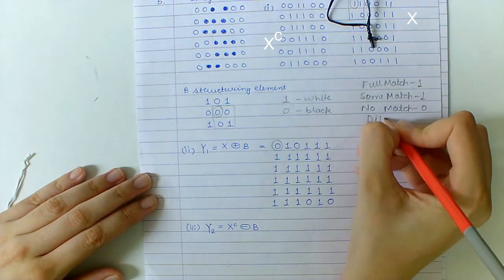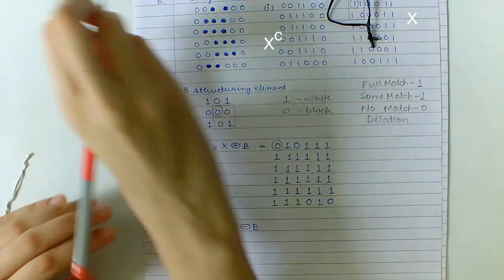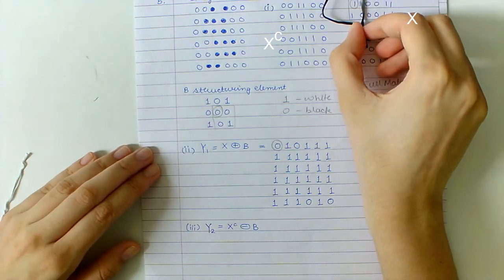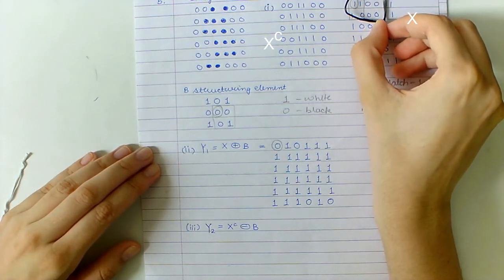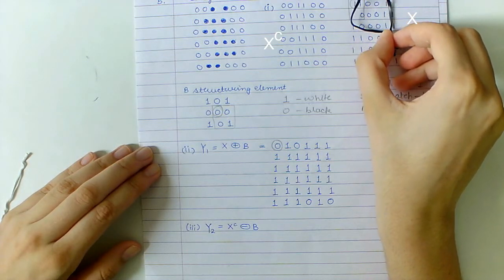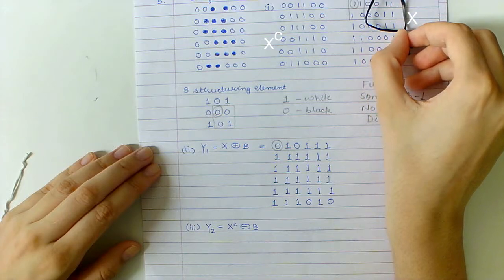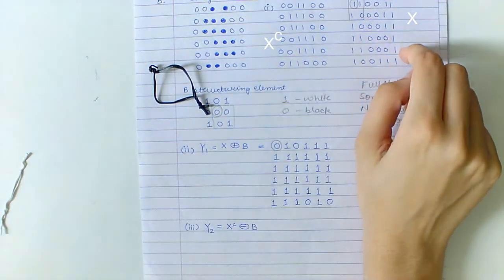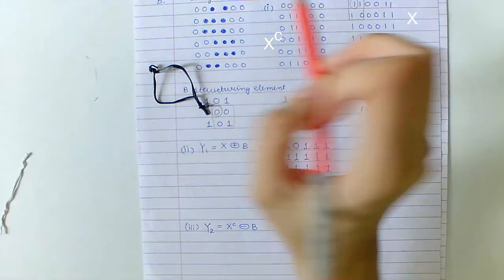So we do this for every pixel in the X matrix by shifting the structuring element, taking every possible position as the origin, and for each we fill in the X dilation B matrix here.